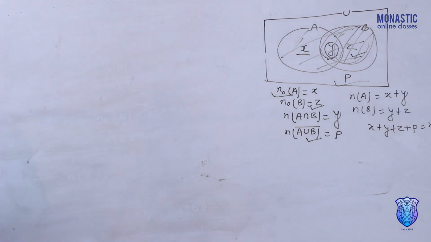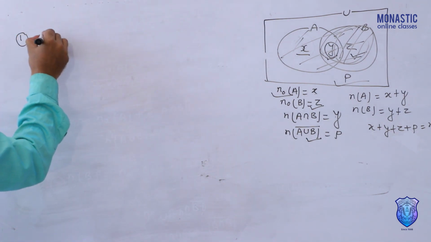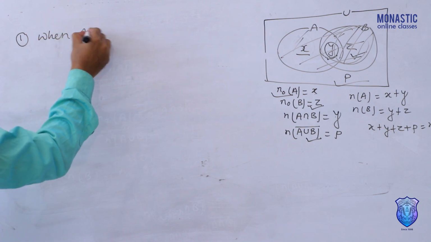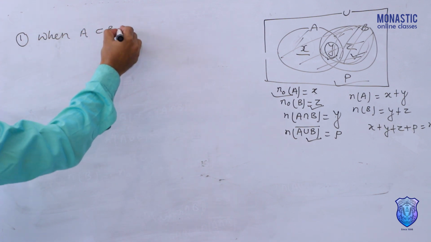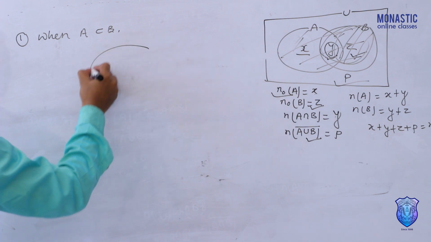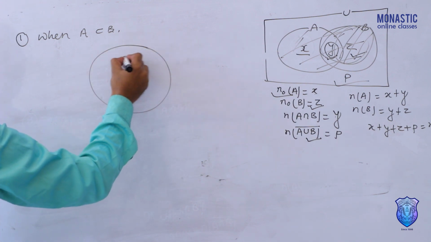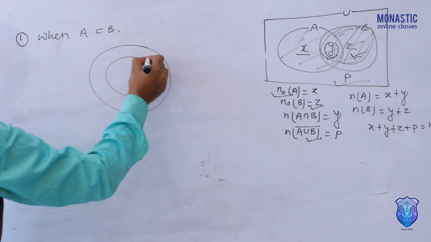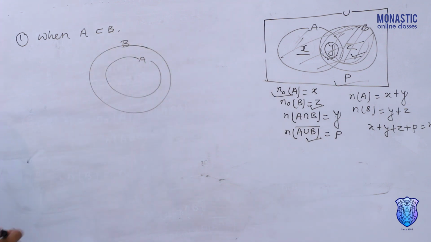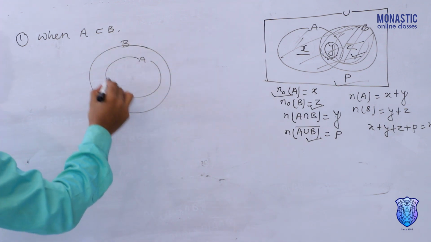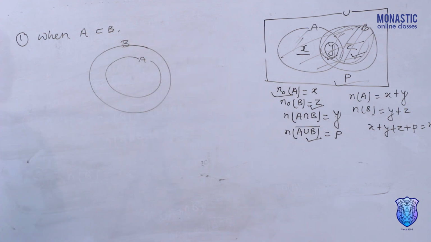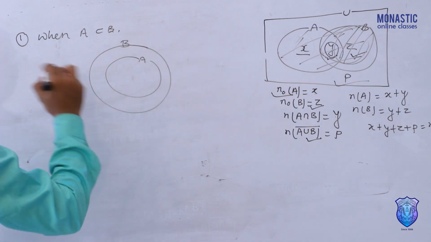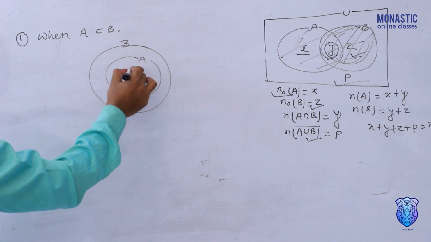Again, when A is a subset of B, you know the meaning of subsets? When I say A is a subset of B, it means this A lies inside B. So what will be the common between these two?